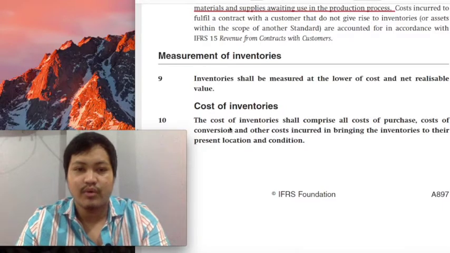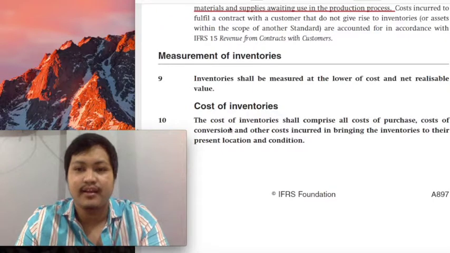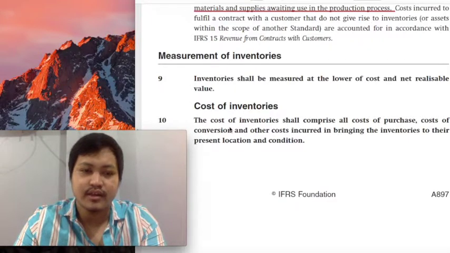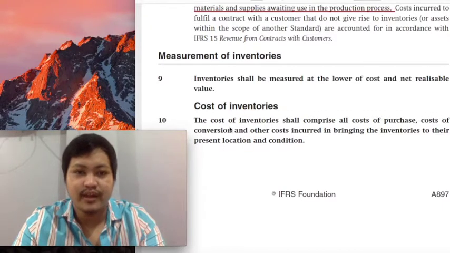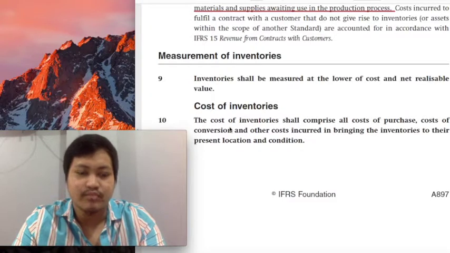So PAS 2 requires, class, that inventories shall be measured at the lower of cost and the net realizable value. Now, this provision alone, class, is interesting because unlike other standards, which you will learn later on, PAS 2 does not provide a separate rule for the initial measurement and subsequent measurement.